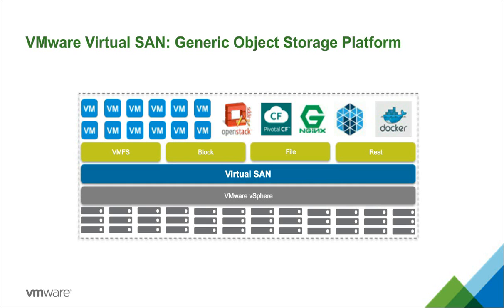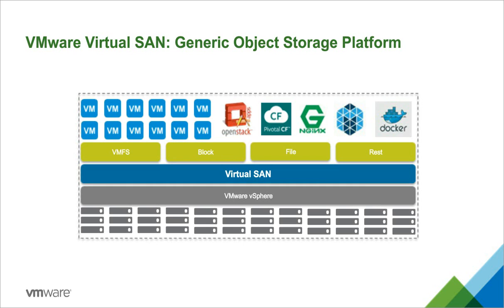So virtual SAN is, again, not a scale-out file system. It's a scale-out object system. And object systems can do a lot of cool stuff out there. If you're familiar with Amazon S3, object systems can be exposed through different drivers for things like containers. They can be exposed through REST APIs for systems to write data directly to them. They're very easy to put NAS gateways on.